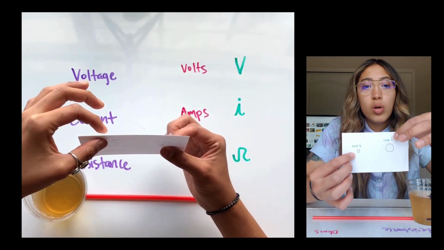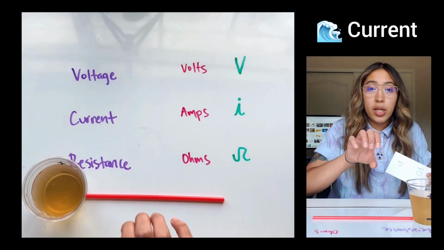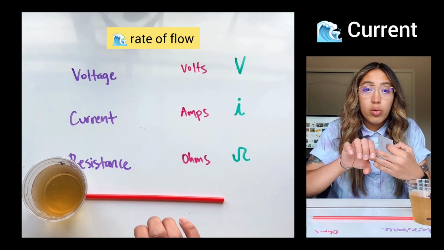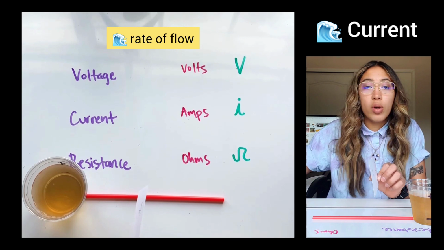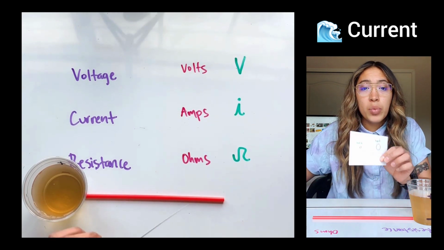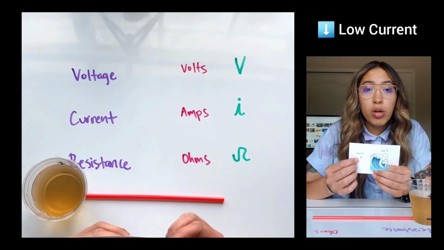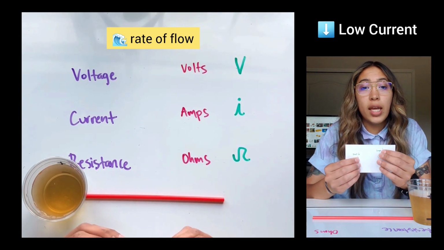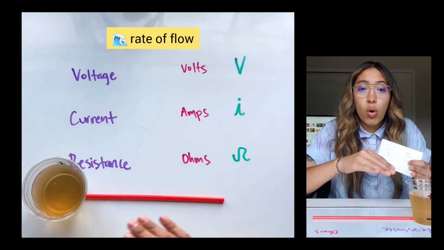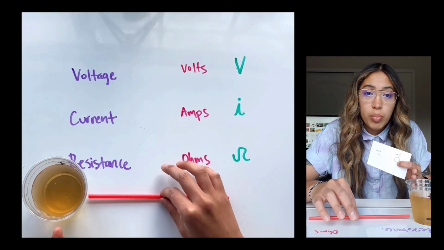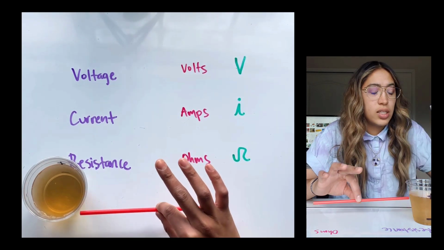A lot of current would be a bigger flow through this chop that I make in the straw, or in this case over a wire. So either I have a small current, small straw, or a large current, a big straw. That's how you would understand the water flowing from our cup through the wire, which is in this case a straw.